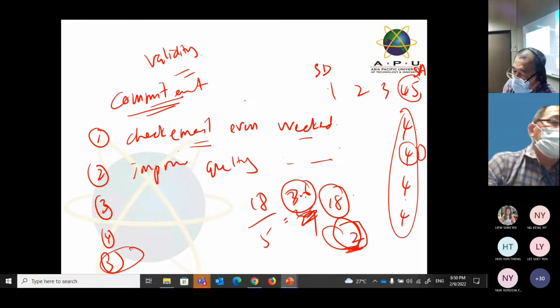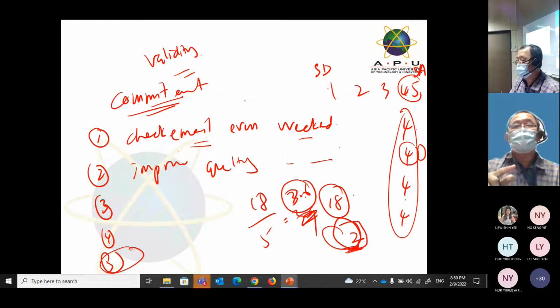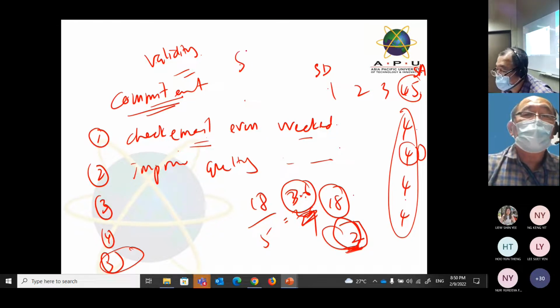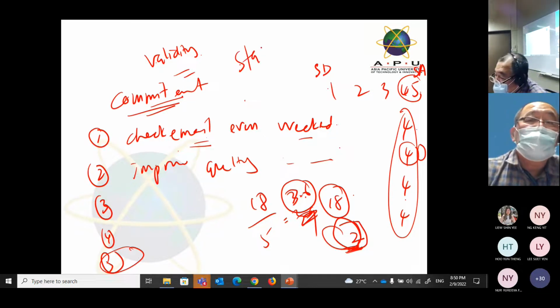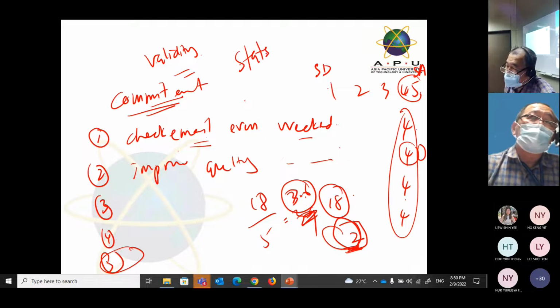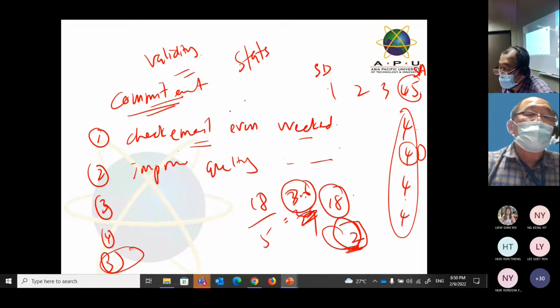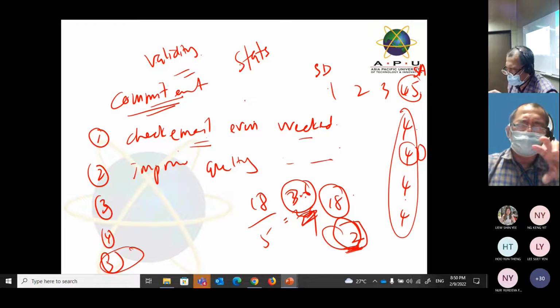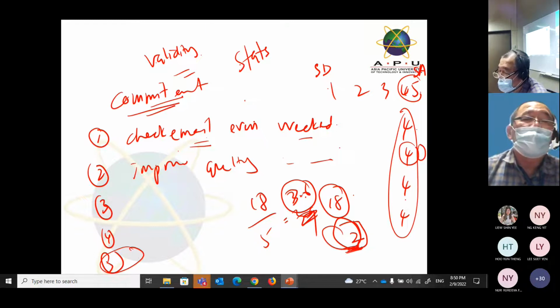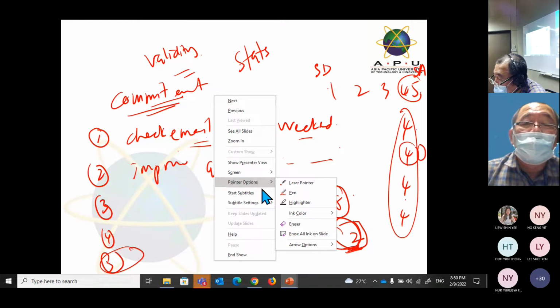Come back to the question, how to use some statistical tool to measure. Actually the term that we use is we call it reliability.